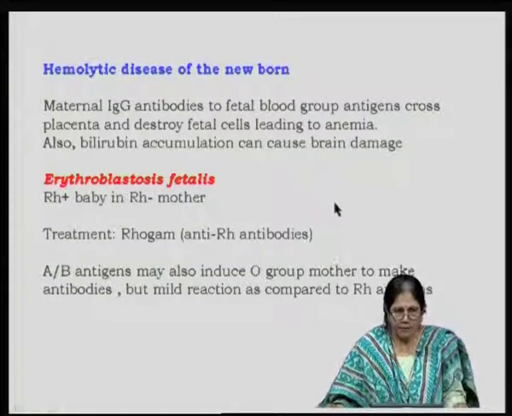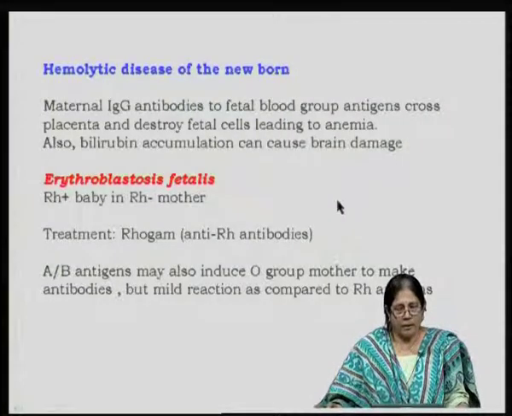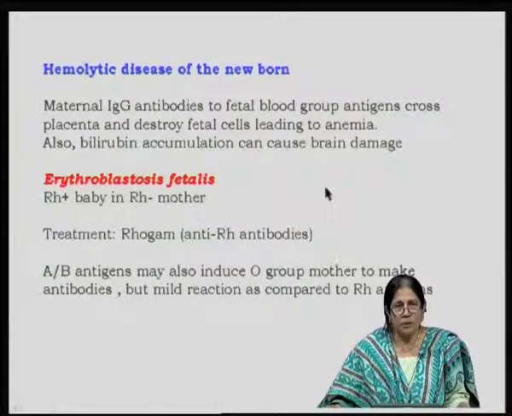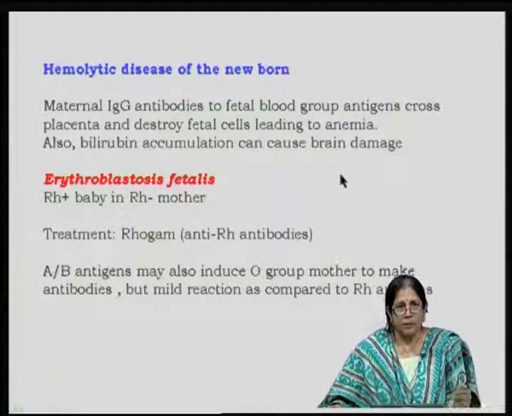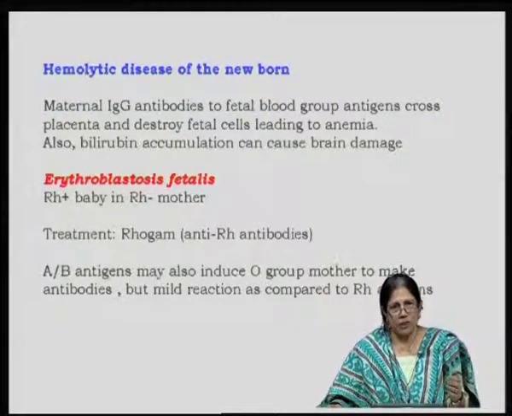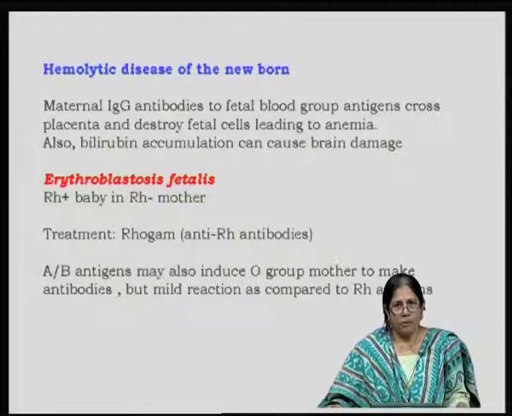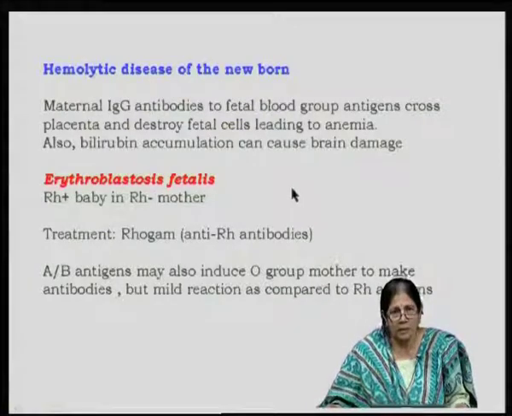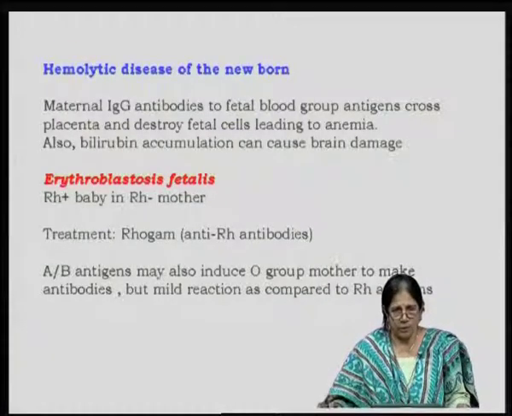Now, Rh being a protein antigen, it evokes an immune response by way of switching from an IgM type of response to IgG. If you might remember, IgM cannot cross the placenta, and therefore cannot go into the fetus, while IgG has specific receptors on the placenta or trophoblast cells, because of which IgG can cross.